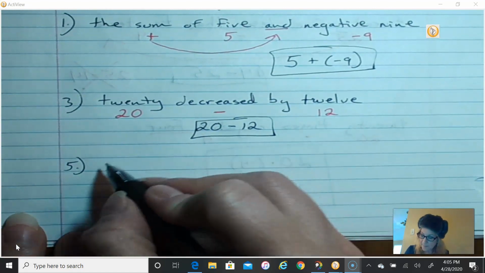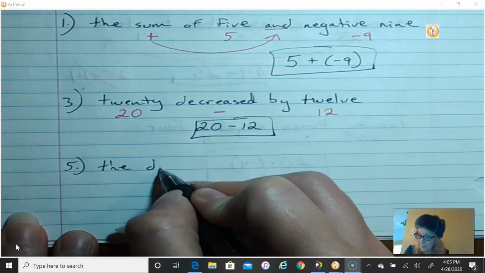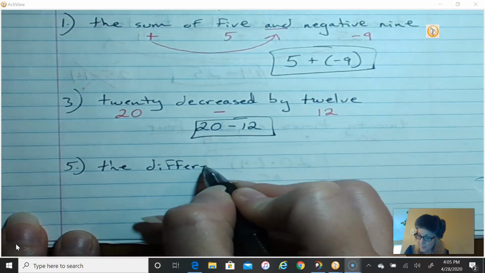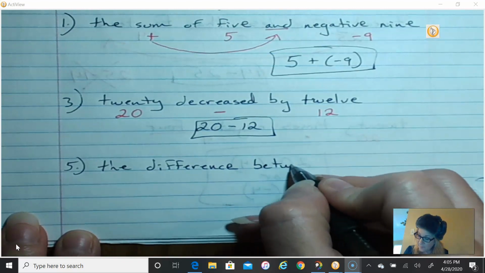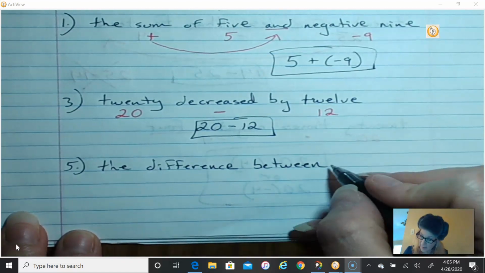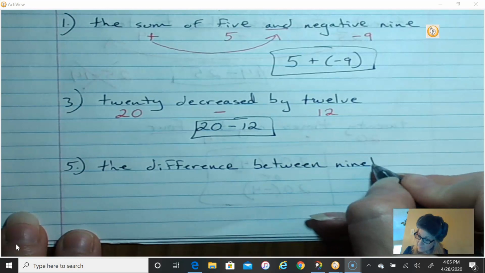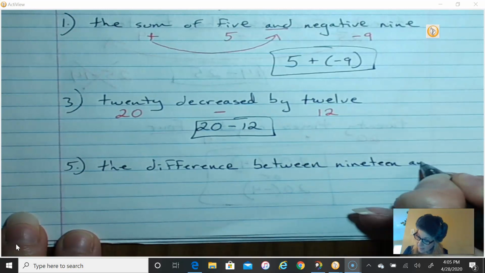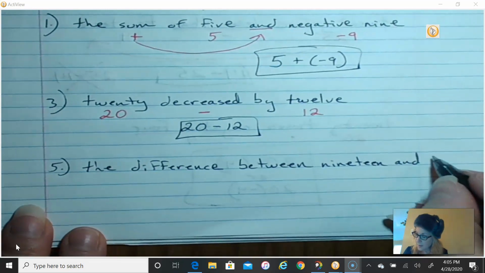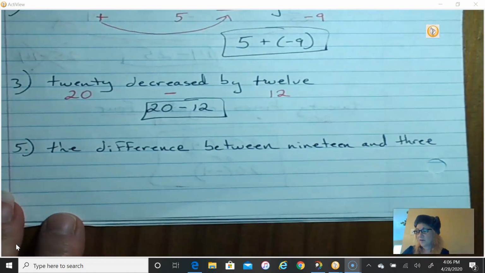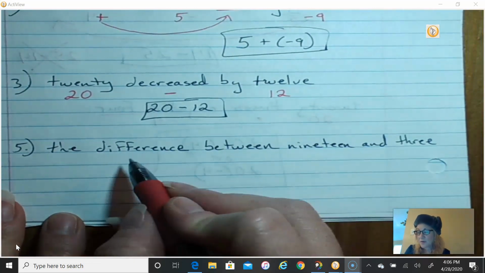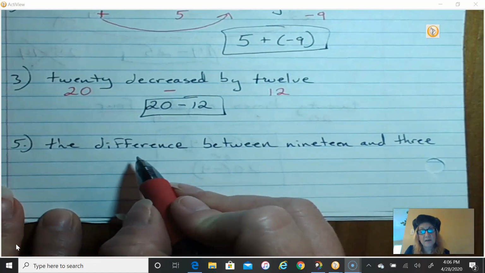Five. The difference between 19 and 3. I don't know about y'all, but seriously, words make me crazy. Okay, so difference, what does difference mean?